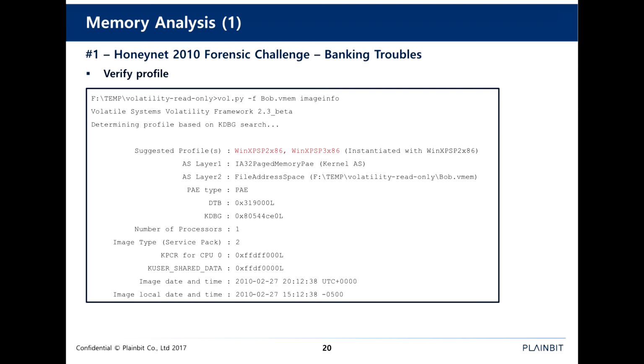Volatility provides the Image Info plugin as a plugin that checks the profile of the memory file. When you run the Image Info plugin, it gives you an approximate range of the operating system on which the memory file was obtained. We can select one of the suggested operating system profiles to use for memory analysis. You can use it with the Profile option.